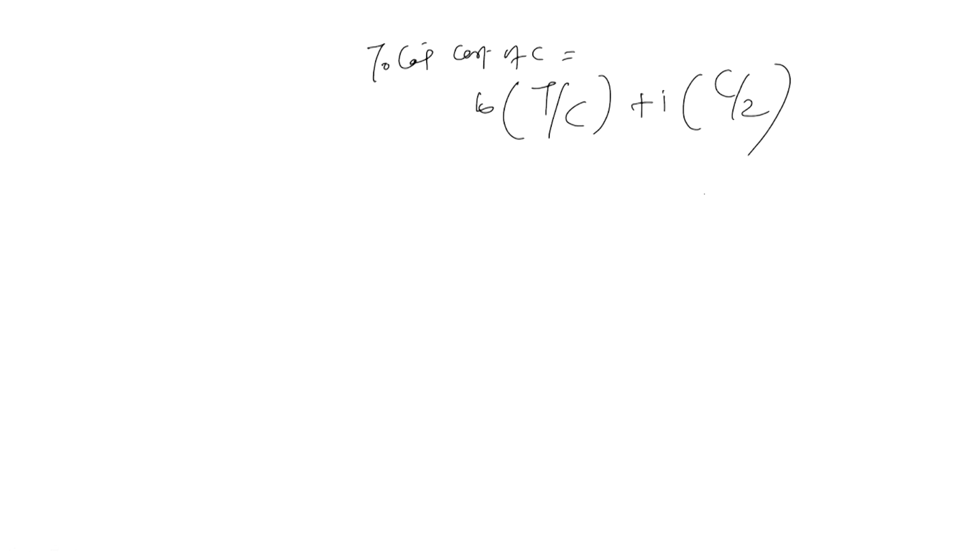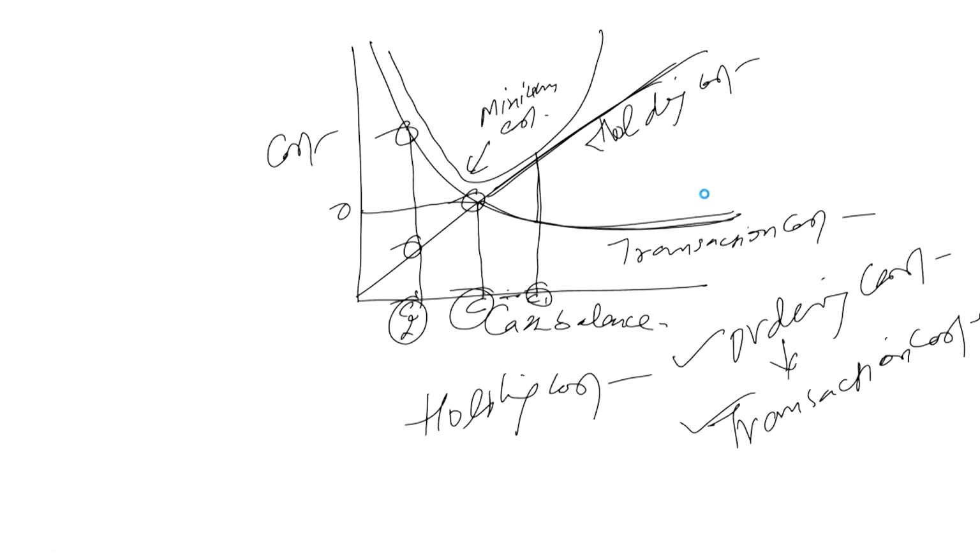This total cost is the sum of the transaction cost as well as the opportunity cost. Converting cash into securities and securities into cash is the transaction cost, and then there is the cost of keeping cash as idle cash.